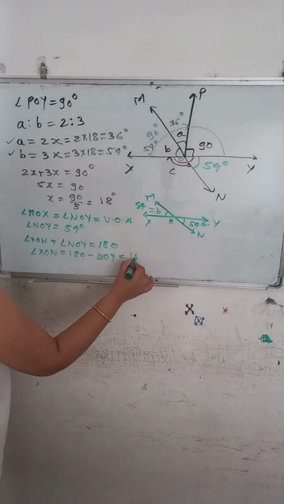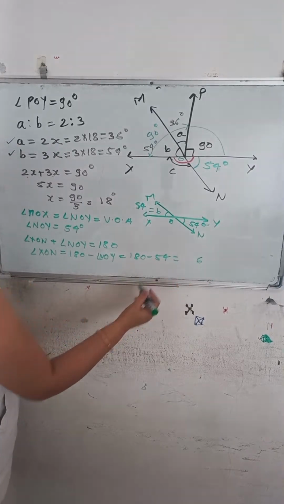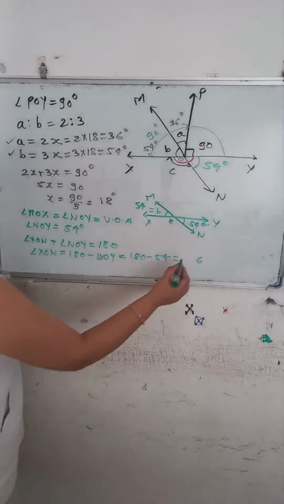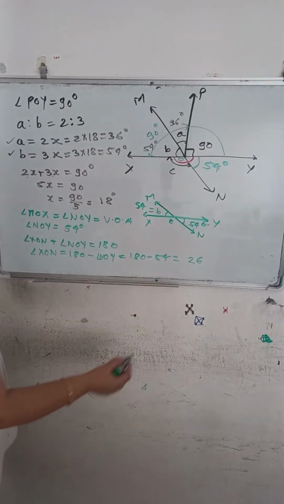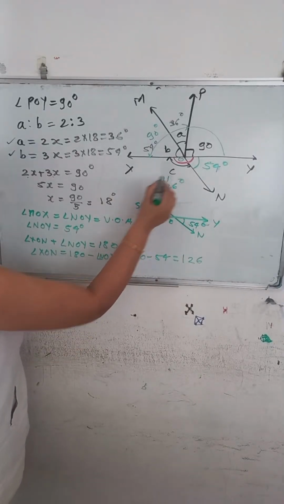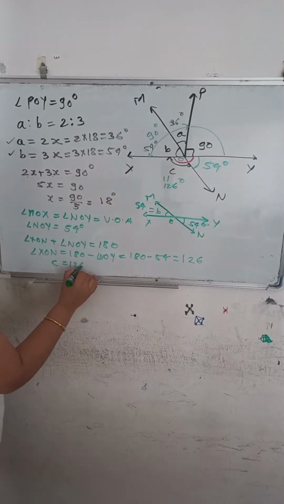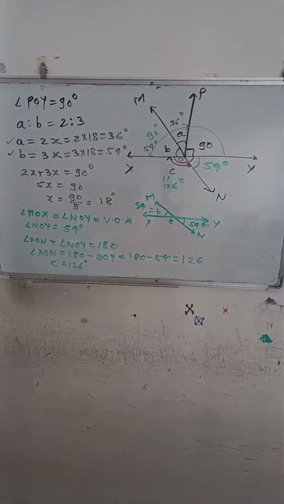So 180 minus 54 is 126. So angle C I am getting as 126, and angle XON is C, that I am getting as 126 degrees. Very important question.